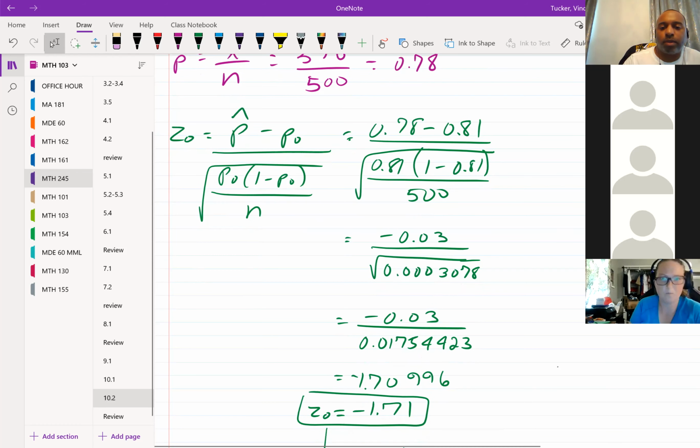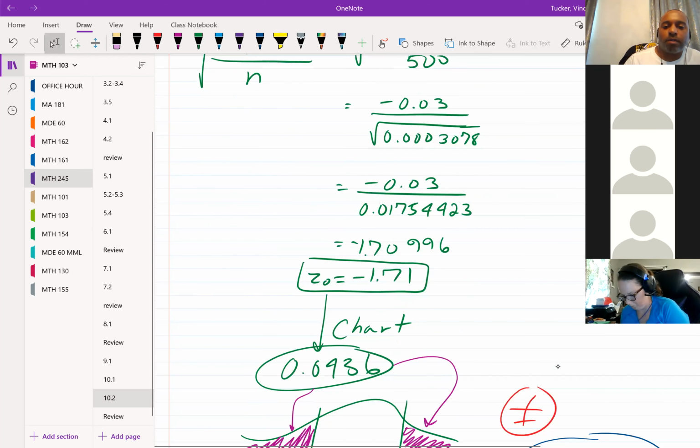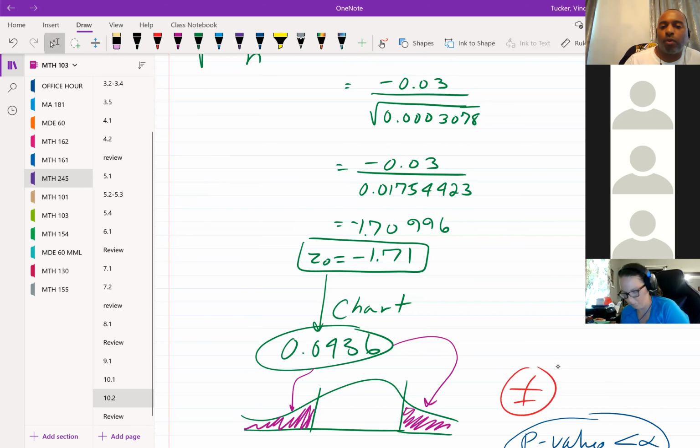Got negative 1.71. Like I said, z-score, so you rounded to 2 decimal places. Then you hit the chart, get that chart value of 0.0436.